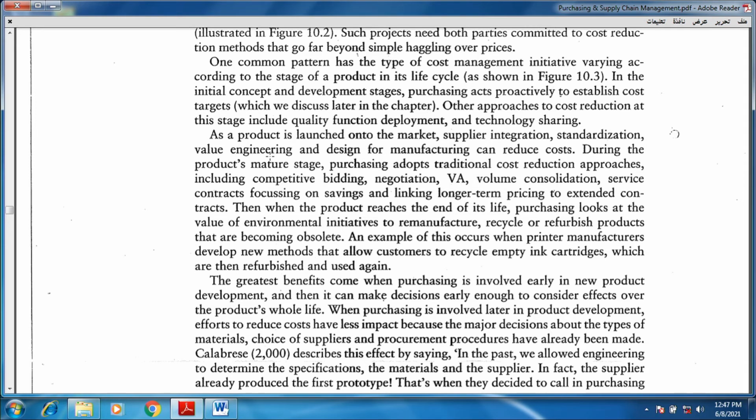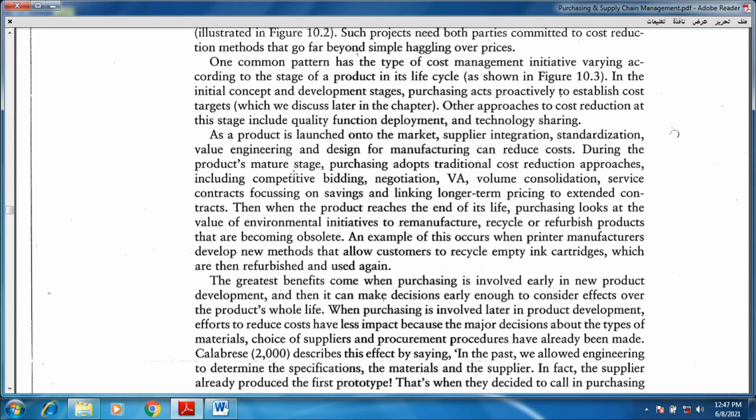For example, the TV before is not like the screens, the new TVs today. We have lighter, simpler, very attractive screens. Previously we had a TV set which was very big. So designs for manufacturing also reduce the cost.